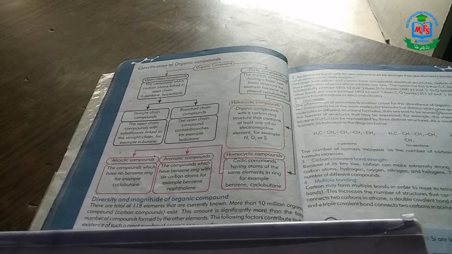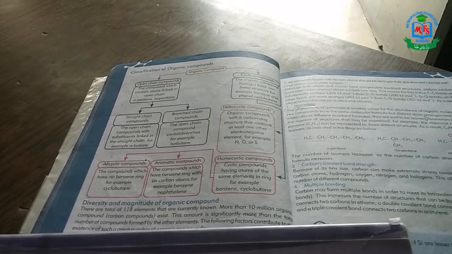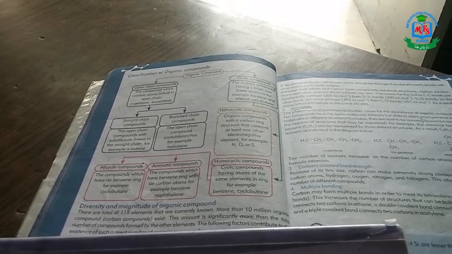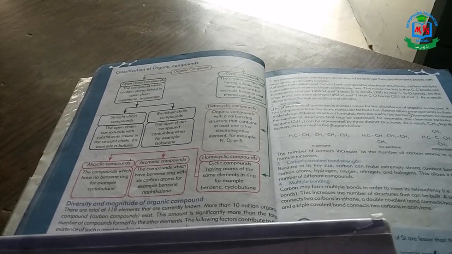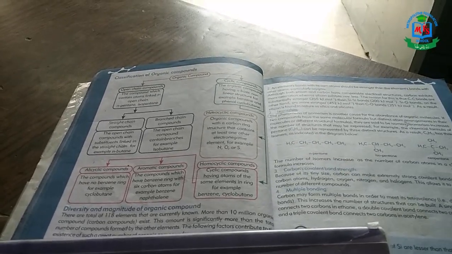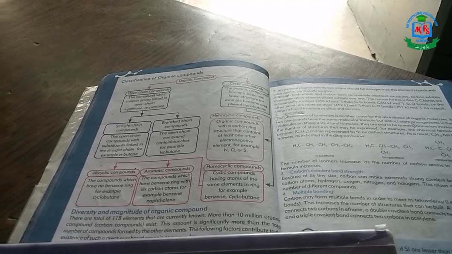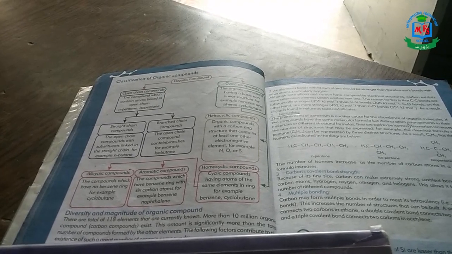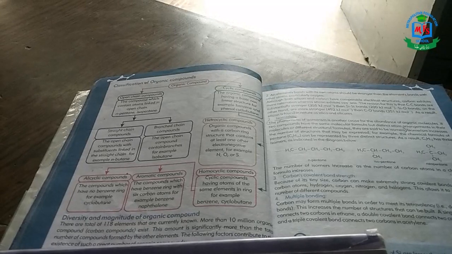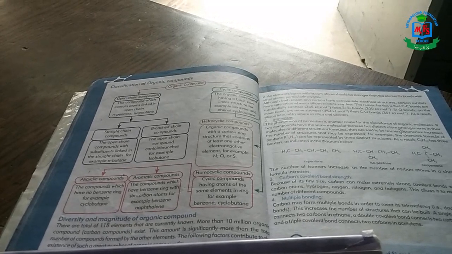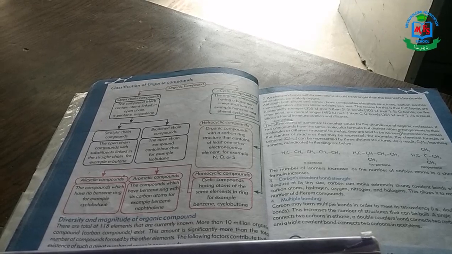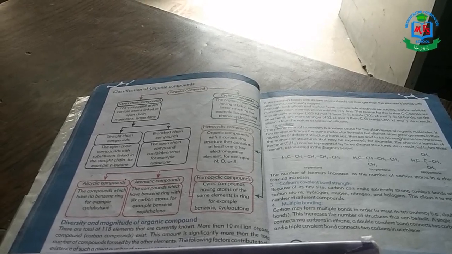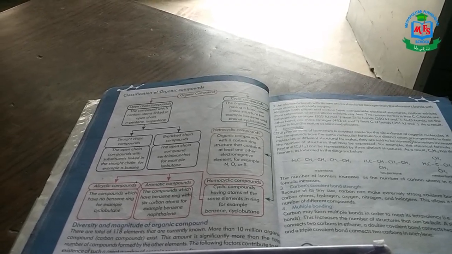Now, we discuss another classification, that is cyclic compound. We already discussed what are cyclic compounds. Its name indicates that if compounds form a chain in a cyclic manner, such compounds are called cyclic compounds.